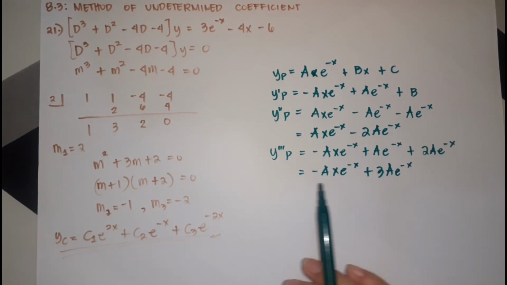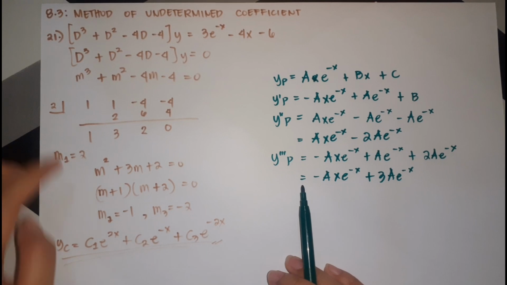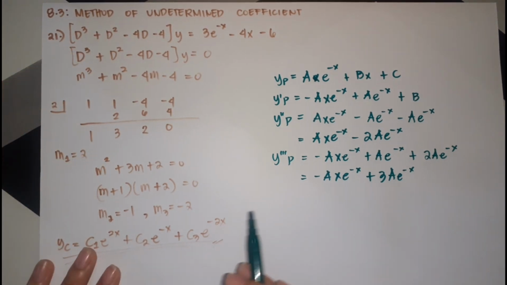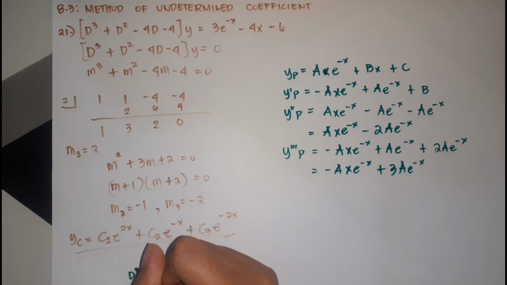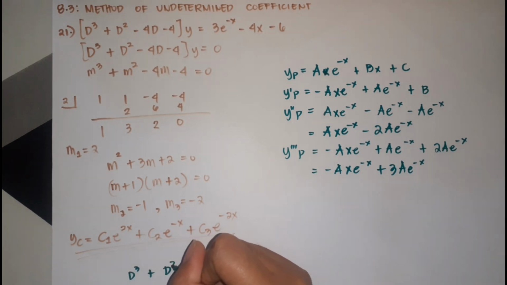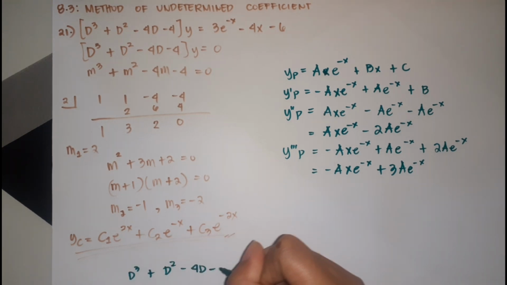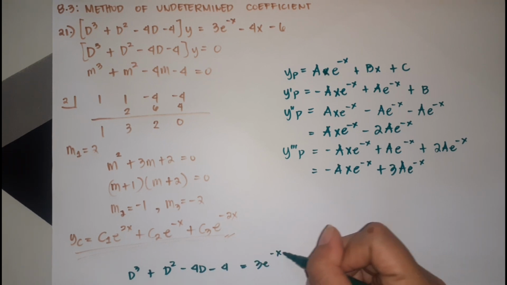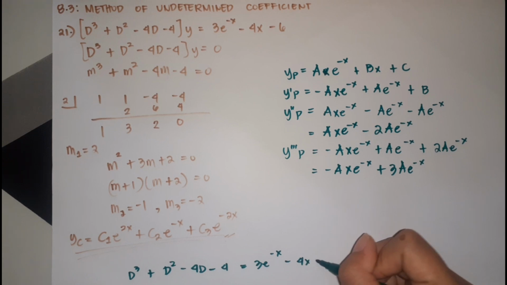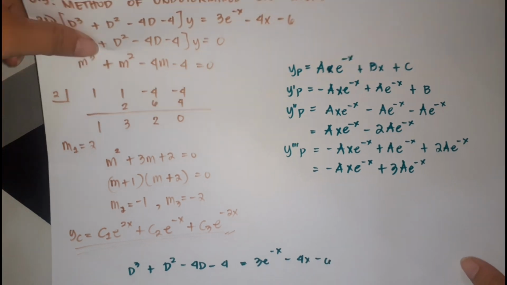Next, we will substitute the values of our derivatives into our differential equation. We rewrite our differential equation: D cubed plus D squared minus 4D minus 4 equals 3e raised to negative x minus 4x minus 6.